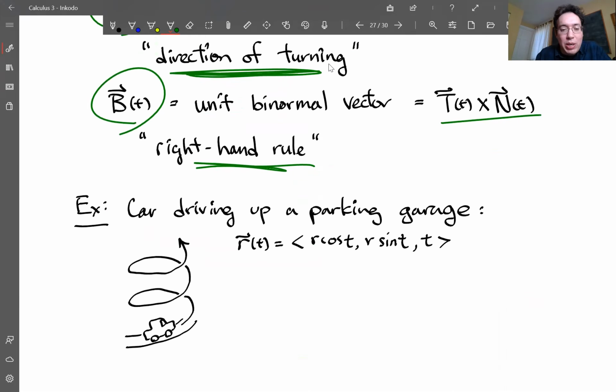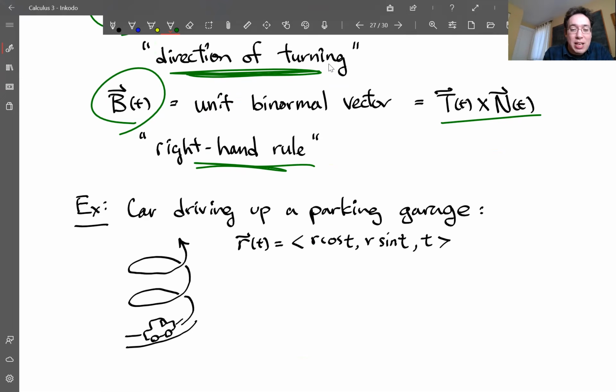So I want you to imagine you're driving a car in a parking garage, one of those multi-level parking garages where it goes up in a circle, in a helix, until you get to the floor where the parking isn't full, and then you get off, right?